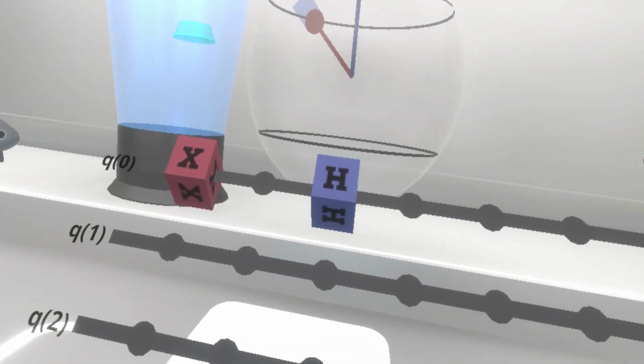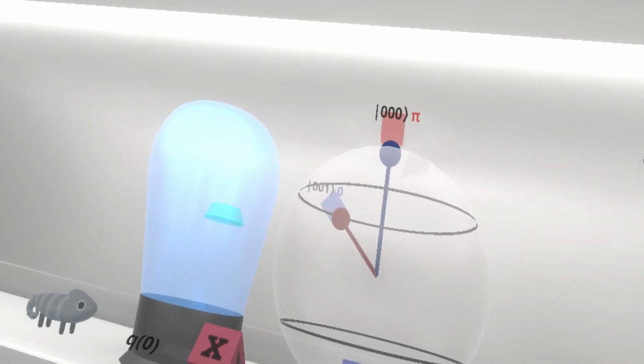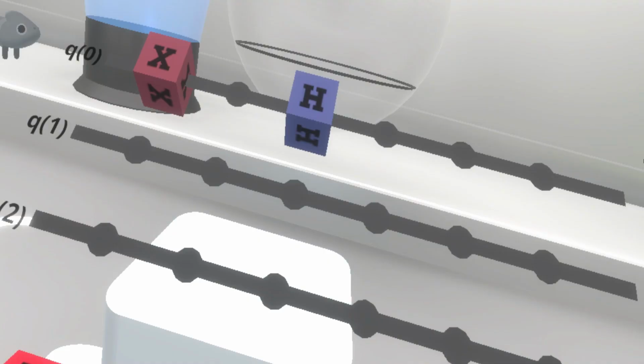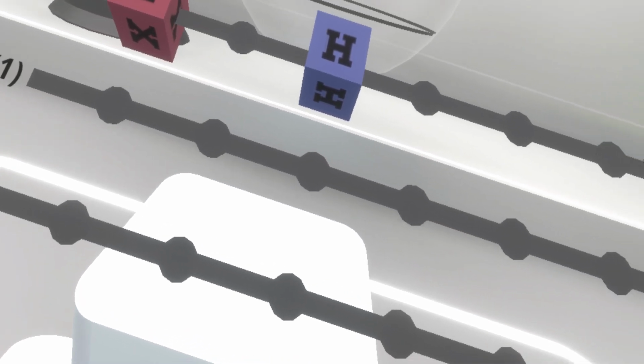In this initial state you can see that the phase can also be changed with an XH gate combination. Maybe you have already noticed this in previous levels.